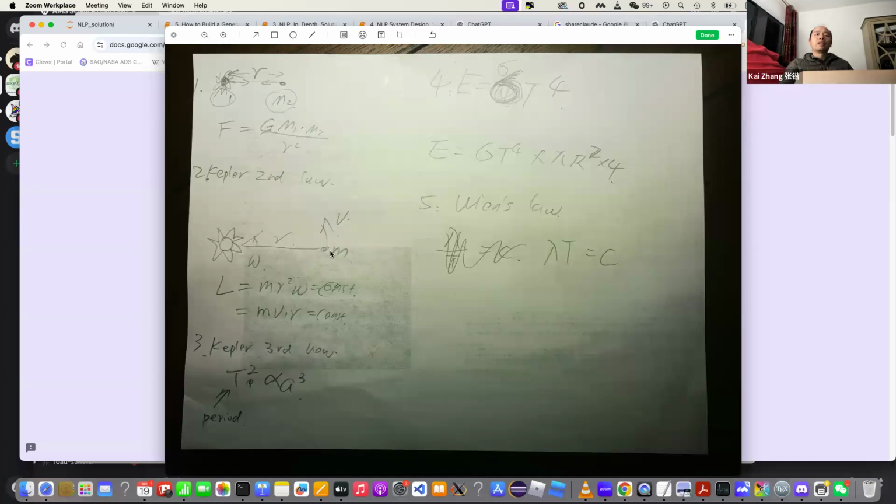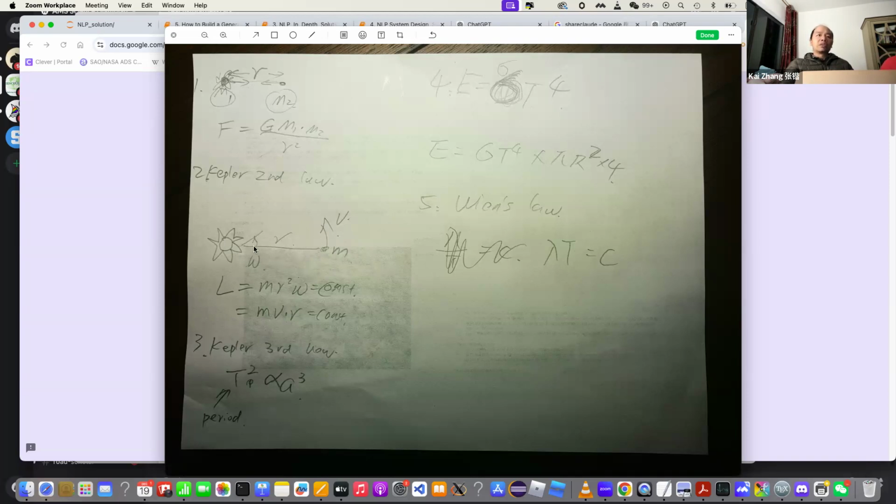And this is fundamentally the law that tells you that the angular momentum is conserved. It is constant, it does not change, because angular momentum equals the mass of the Earth multiplied by the velocity and then multiplied by the distance.